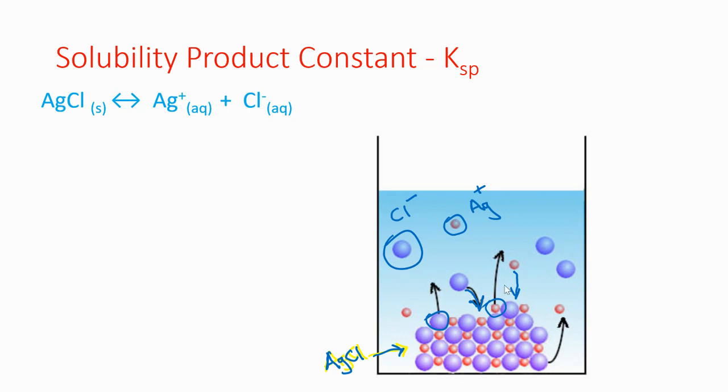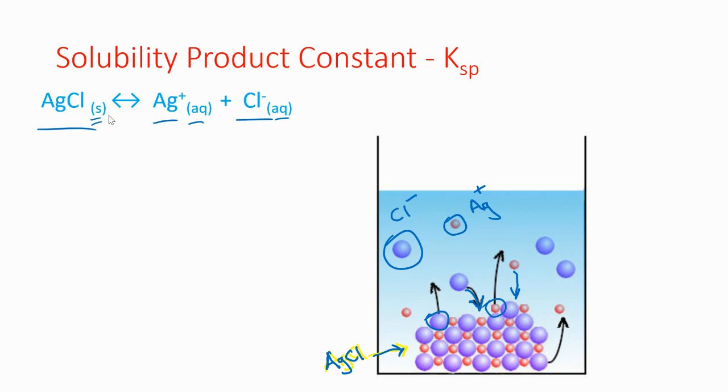We can set that up as an equilibrium equation with the solid on one side and the dissolved ions on the other side. Notice we don't include water within this equation. We just know that water is present because the ions are listed as aqueous because they're dissolved in water, and the solid is listed as solid because it is in that particular state.